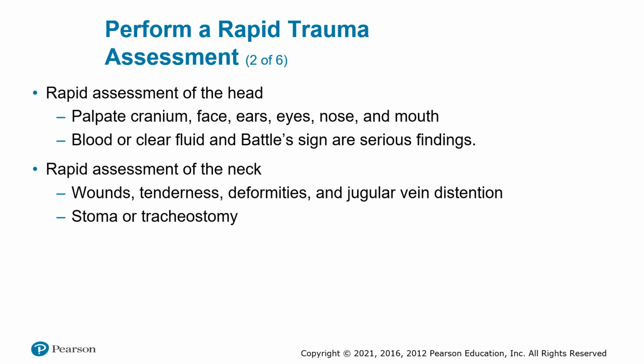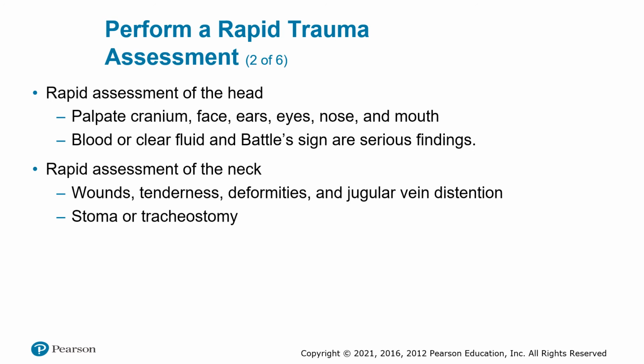So, rapid assessment of the head. Again, we're going to look for DCAP-BTLS on the head, the face, anything like that. And we're also going to look for blood and clear fluid, which is an indication that there may be an internal head injury.